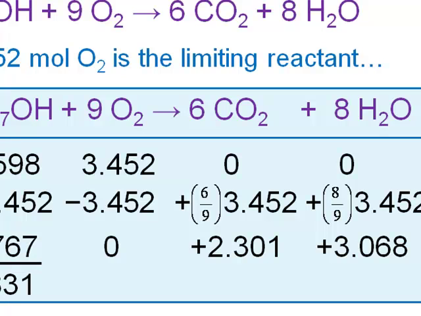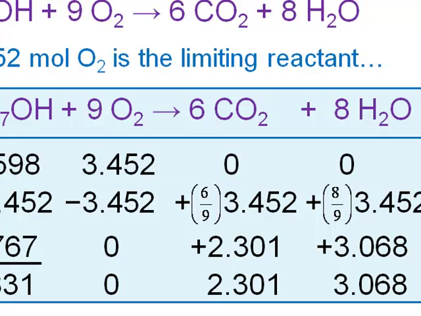That's how much is left over of our fuel. Should there be any of our oxygen left over? No, definitely not. This should be negative 3.452. That shouldn't be 0 there yet. So we gain 2.301 moles of carbon dioxide and 3.068 moles of H2O.